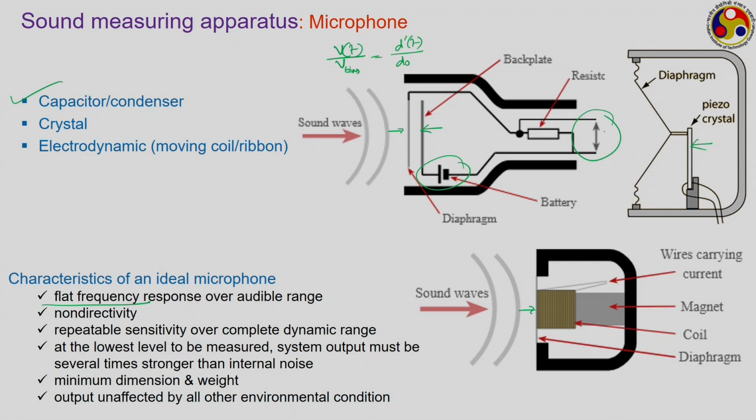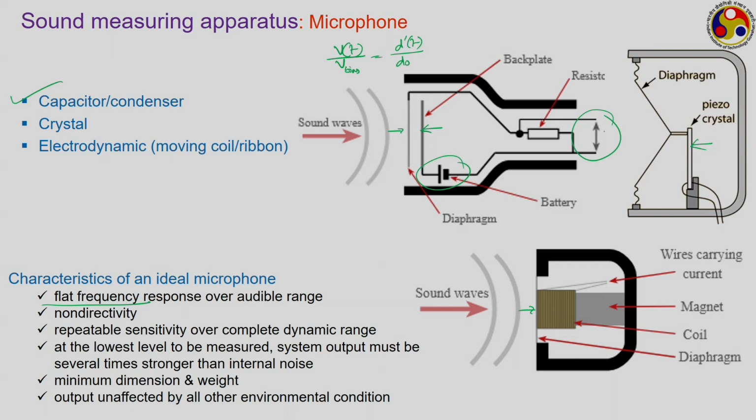For the crystal type, the linearity is quite decent, and another big advantage is they are passive devices, you do not need any active power source for them. They are relatively rugged, much sturdier compared to the capacitance based, and they are less expensive as well.